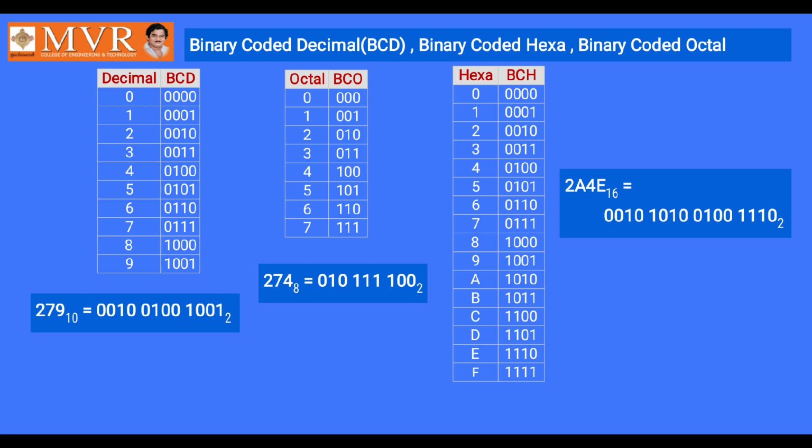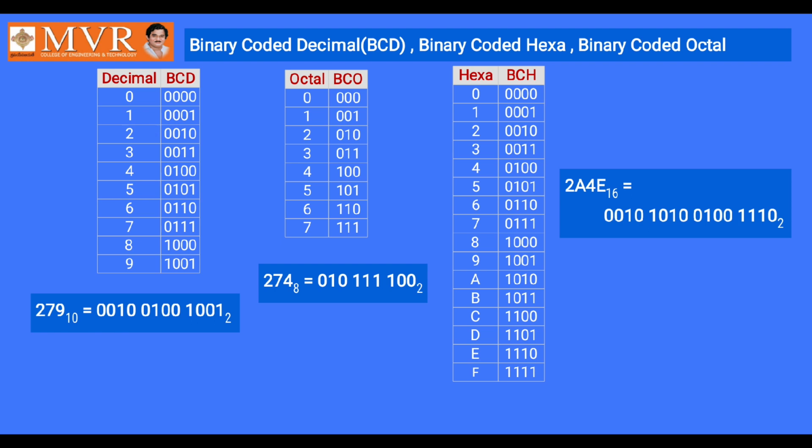The equivalent value for 2 is 0010. The equivalent value of 7 is 0111, sorry, I made a mistake there. And the equivalent value of 9 is 1001. This is the way you convert decimal to BCD.